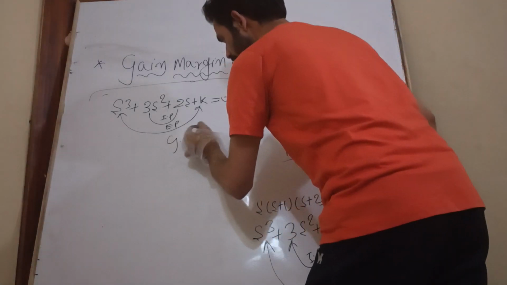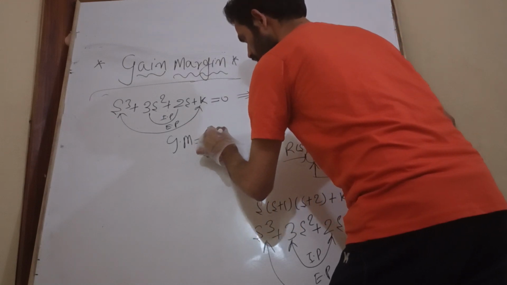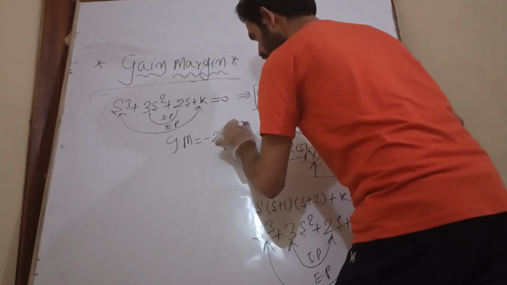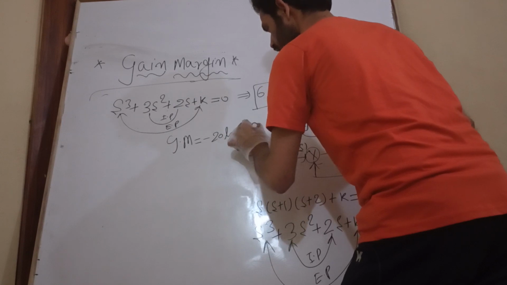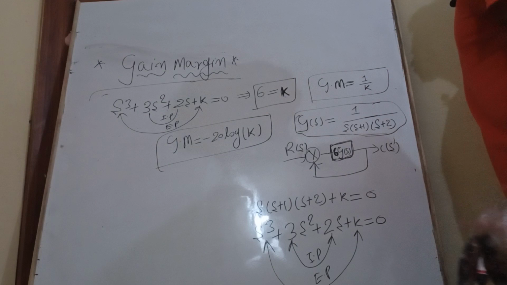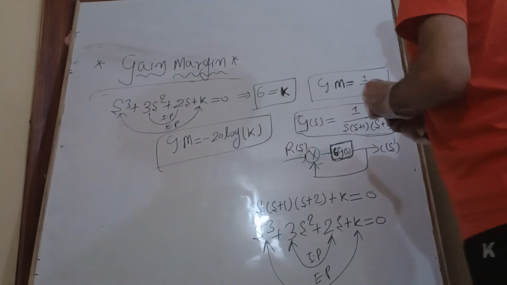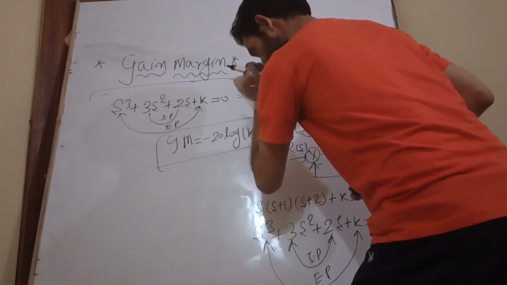If I take this in dB, it becomes 20 log 1 by k, which is minus 20 log k. So this is my gain margin.